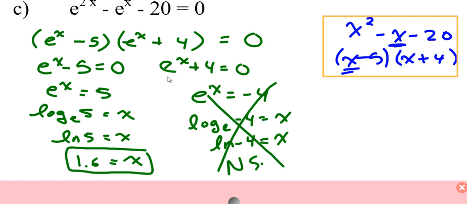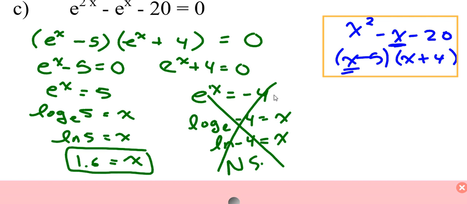Now, when we look at the second part, when we set the second factor equal to 0, e to the x plus 4 equals 0, but e to the x equals negative 4, and that negative should tell us, yeah, e is a positive base, right? And you're never going to get a negative number, but we could go ahead and mess around with it.